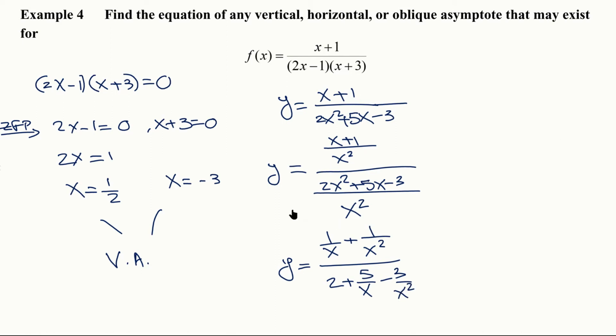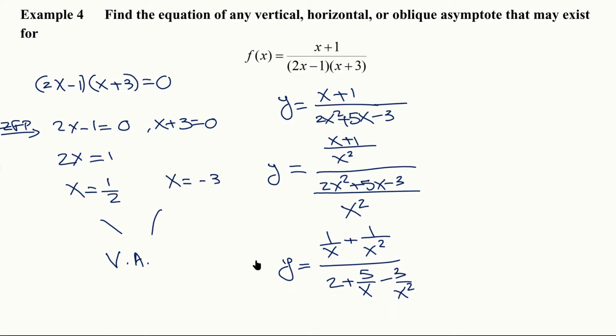Now, as you know, as x approaches either positive or negative infinity, this term, this term, this term, and this term, right? So the 1 over x, 1 over x squared, 5 over x, and negative 3 over x squared, they all will approach 0.